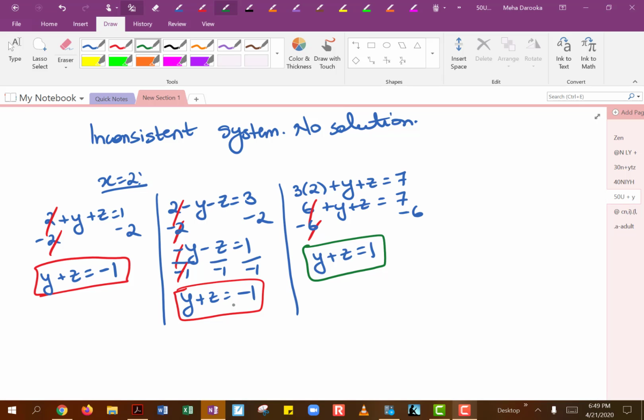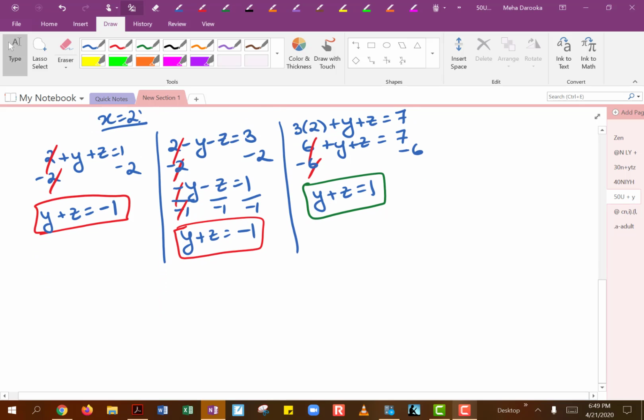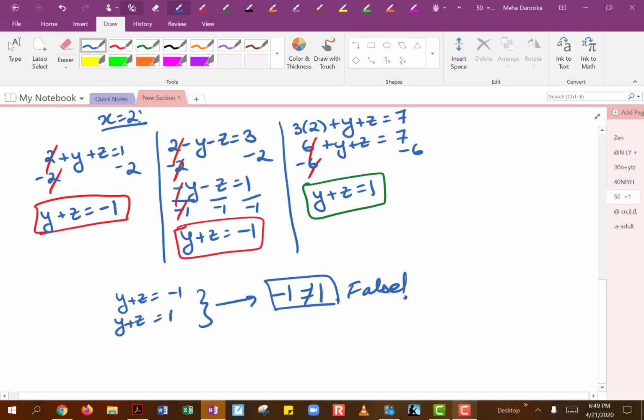So again, you can see that in this case, if we did a substitution between these two equations, y plus z equals -1 and y plus z equals 1, since we have the same term y plus z on the same side, this ends up giving you -1 equals 1, which is a false statement, because -1 of course is not equal to +1.